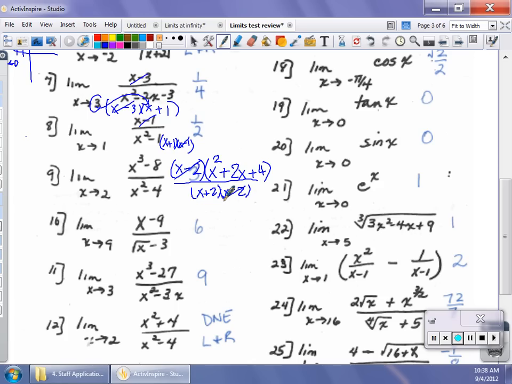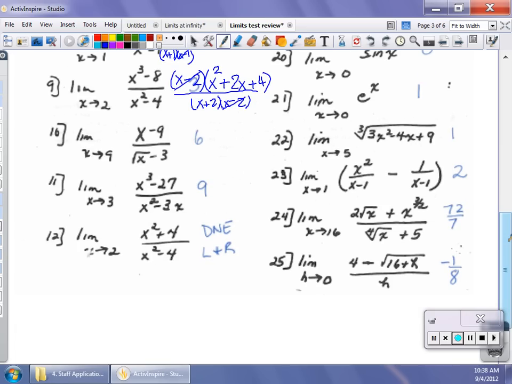Number 10. If you substitute 9, you get 0 in the denominator, so we want to rationalize the denominator by multiplying by the conjugate. That will give me the limit as x approaches 9 of, I'm running out of space here, I'm going to bring it down here at the bottom.